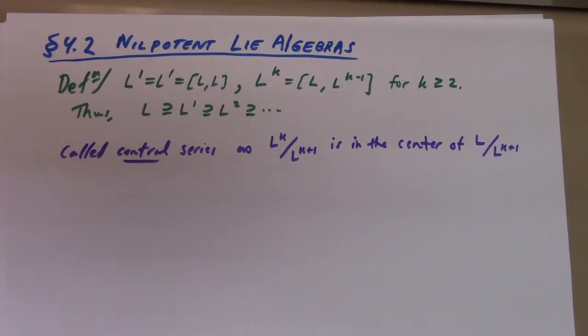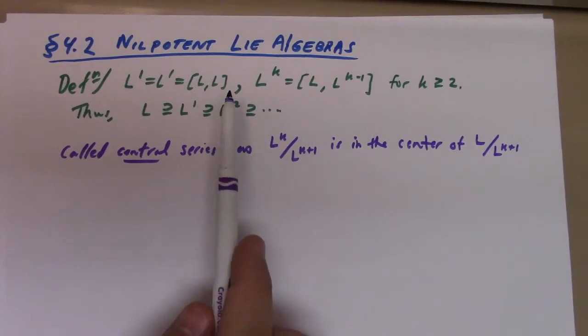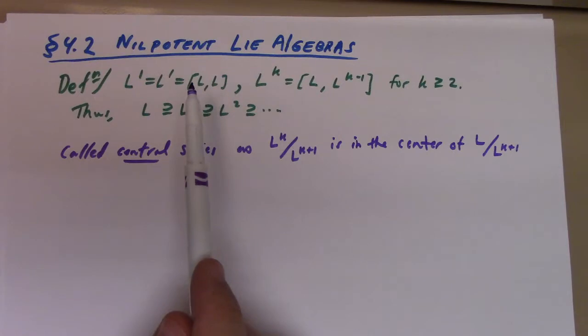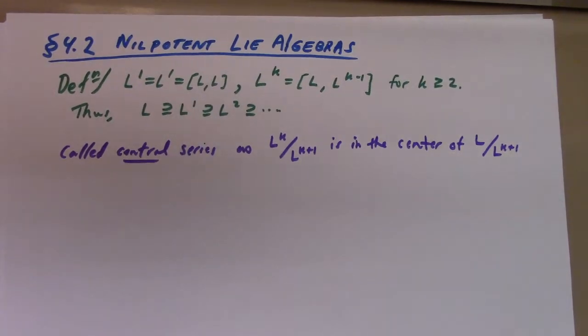So each one of these is an ideal, of course, the derived algebra is an ideal, right? I think one of the things we proved was that if you had two ideals, I and J, then the bracket of I and J was also an ideal.